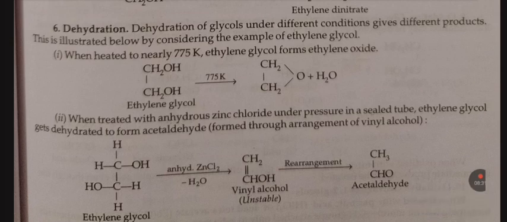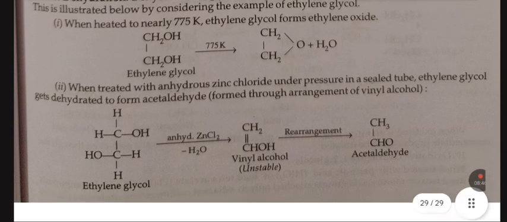Dehydration of glycol under different conditions gives different products. It is illustrated below by considering the example of ethylene glycol. When heated to nearly 775 Kelvin, ethylene glycol forms ethylene oxide as shown by the example.